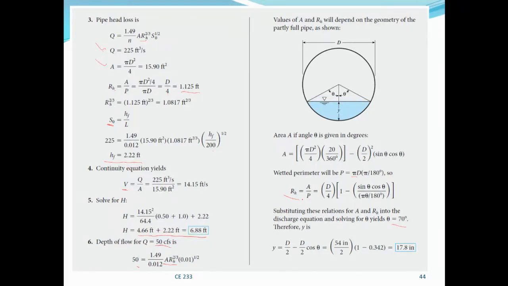And then to find y is simply this minus that portion, which is simple geometry. This is the radius minus the other portion. So this is the depth for uniform flow.